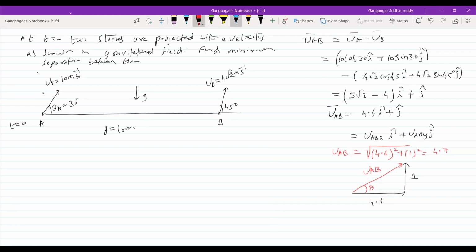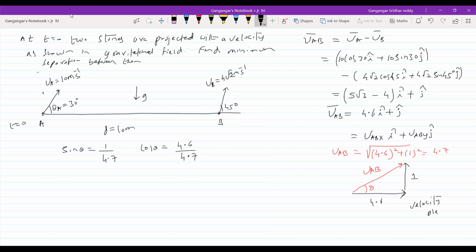Now sine theta, we'll keep these values, they are going to help us. Sine theta is equal to 1 by 4.7, and cos theta is equal to 4.6 by 4.7. So this is the velocity triangle, am I right? Now come to the displacement triangle.